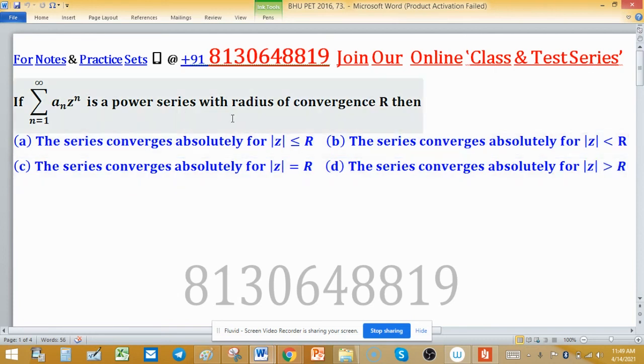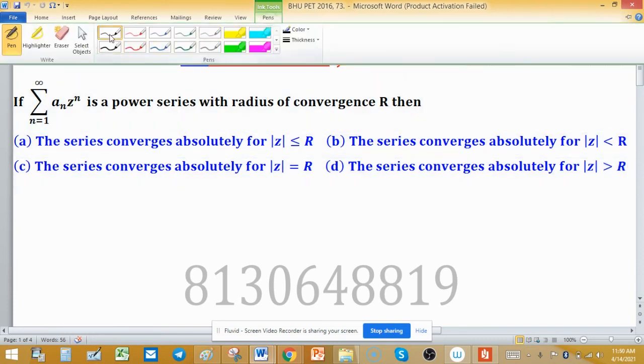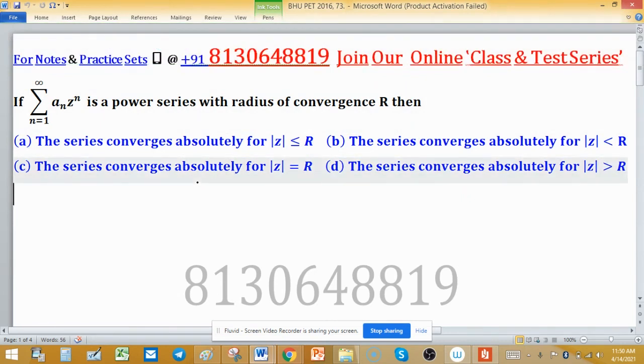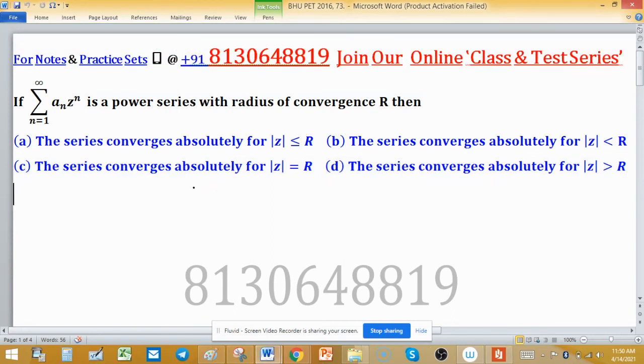We have to tell about the convergence of this series and the numbers z, not necessarily real numbers, but the condition on those numbers: whether they are less than the radius of convergence, greater than it, or in the neighborhood of the radius of convergence. Somehow the question is related to the radius of convergence.